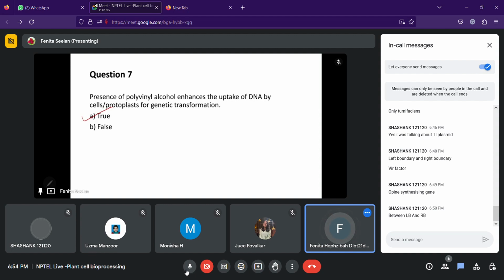Any idea why this answer is true? Like how does it work? No idea.